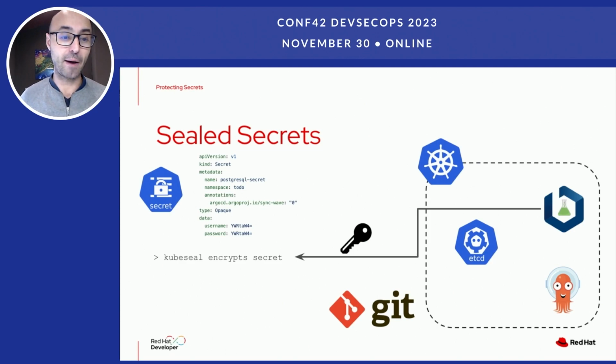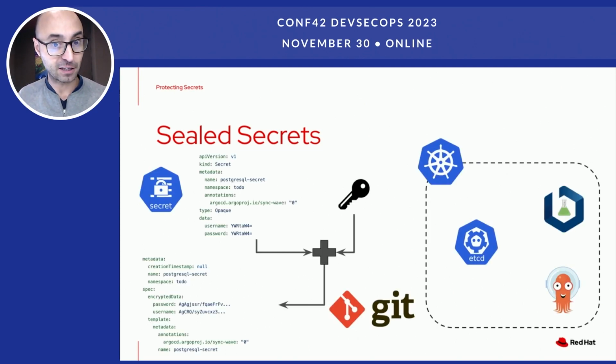And then it will say, okay, now I've got this YAML file, I've got also the public key, so I'm just going to combine both and create a new object, as you can see here, where it has a new field named encrypted data, and the username and the password now are not encoded, but encrypted. Okay, so now I've got a secret object where nothing is encrypted, and thanks to kubeseal I've got here a new manifest where the data is encrypted.